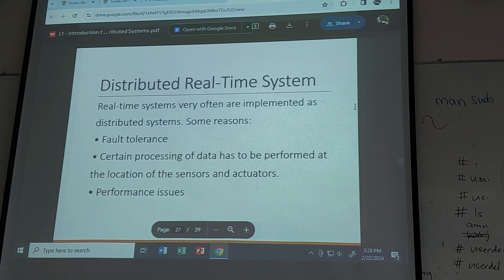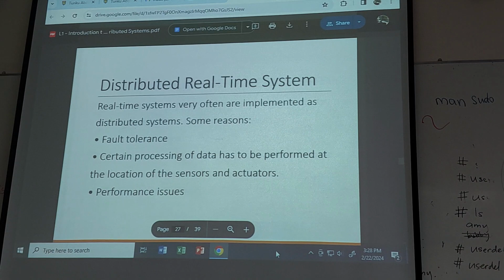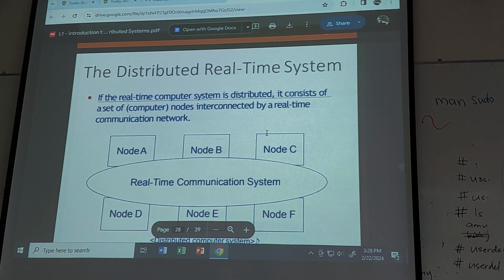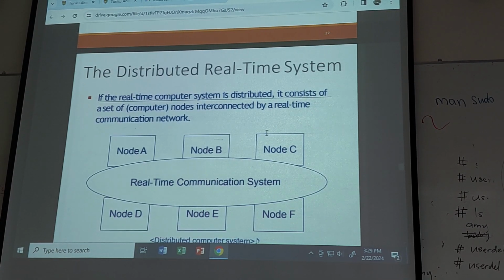Okay? So real timeness will be required for situations where you have performance issues. If you need performance, right, you apply this distributed real-time at the particular place. If it is distributed, that means your communication needs to be in real time.